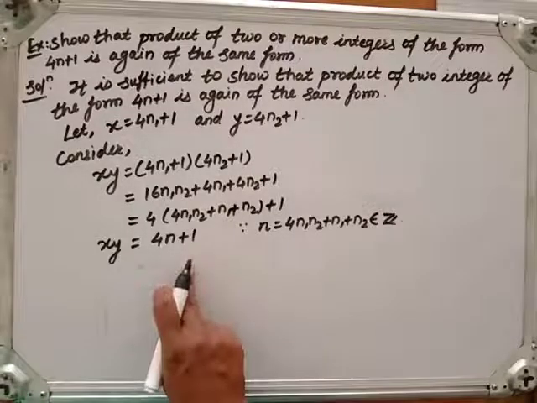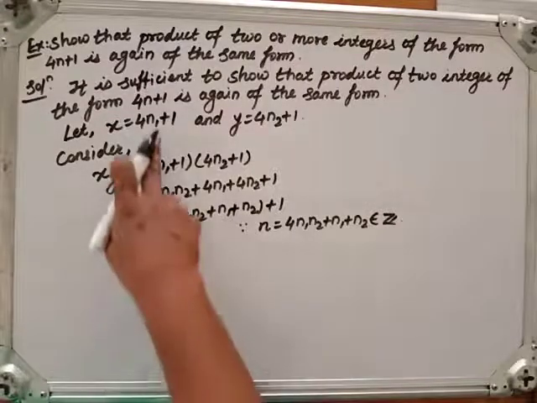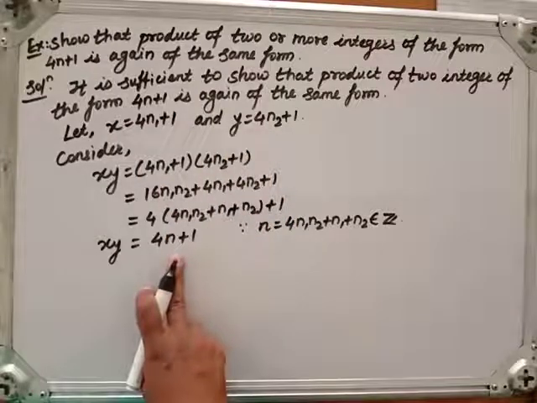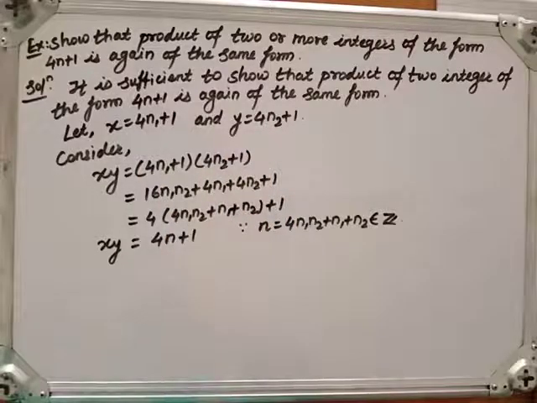So we have proved the product of any two integers of the form is again of the same form. Now let's take the next example.